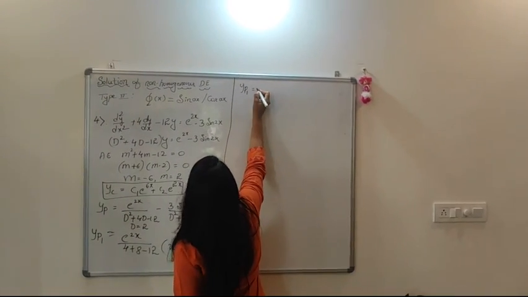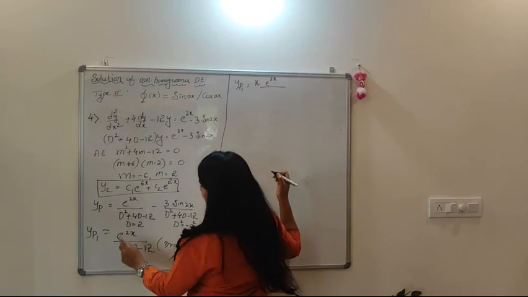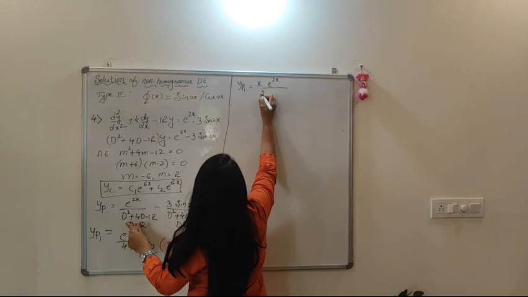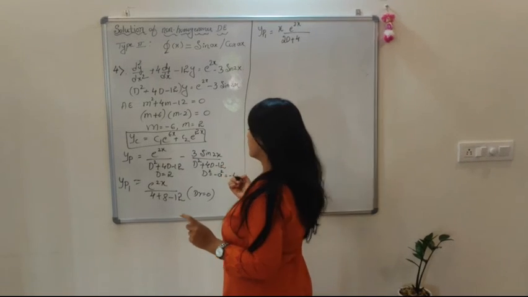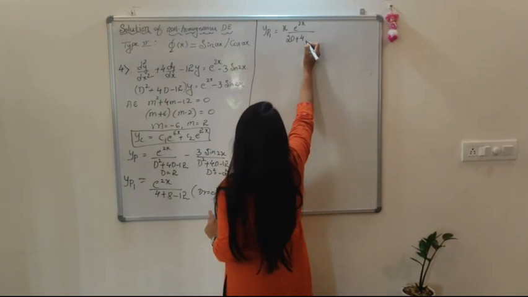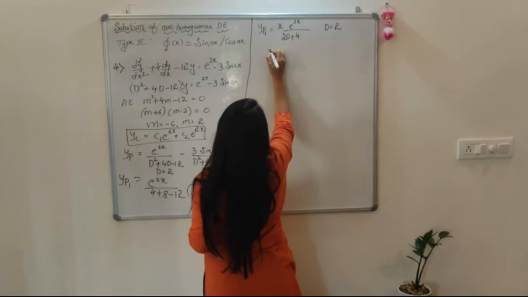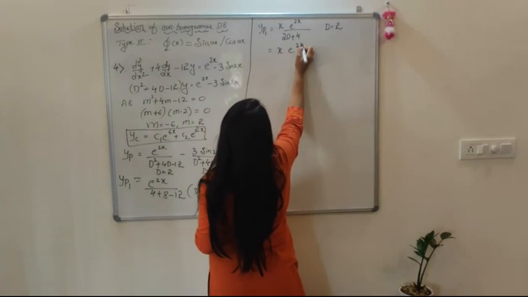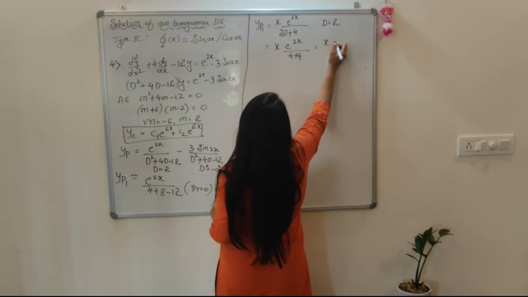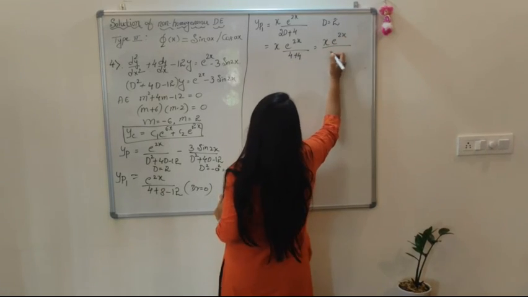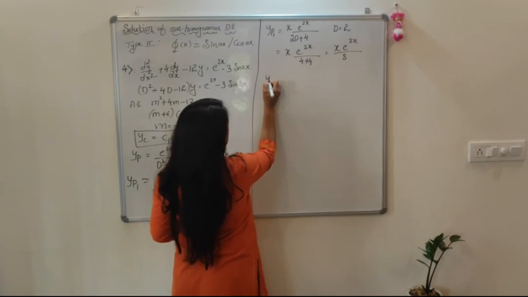So yp1 is x times the numerator, and differentiate the denominator: d square differentiates to 2d, plus 4 into d differentiates to 1, and minus 12 is constant, 0. Again replacing d by a, a is 2, we get x into e power 2x divided by 2 twos are 4, 4 plus 4. So yp1 is x e power 2x by 8. This is yp1.